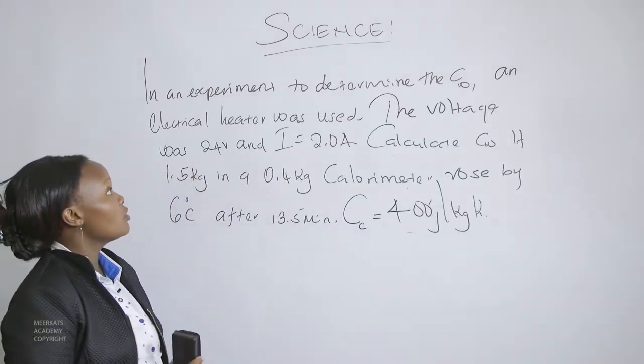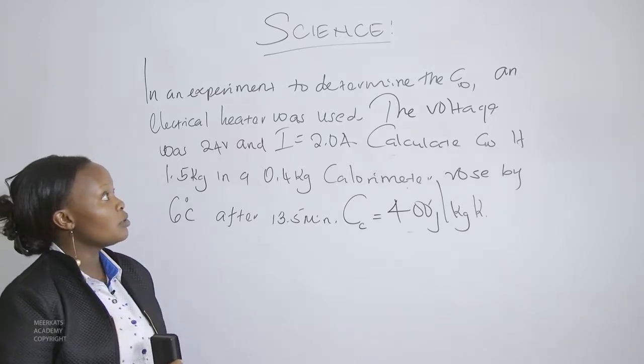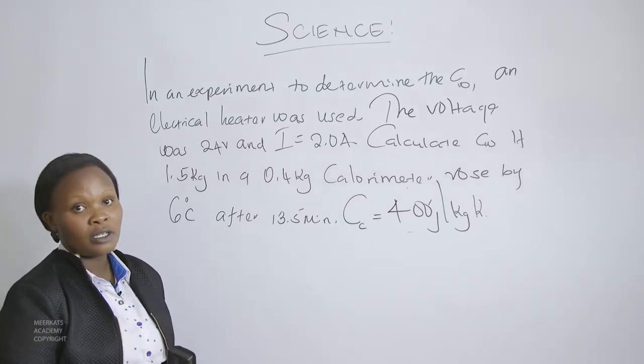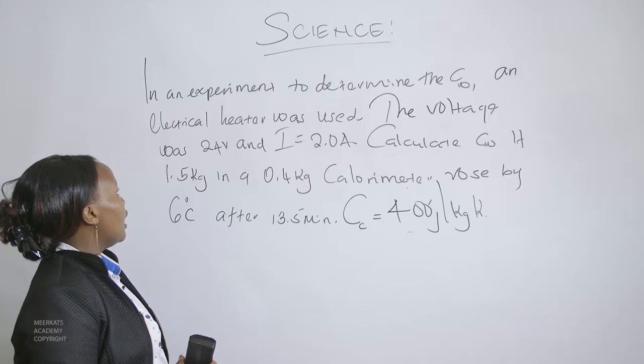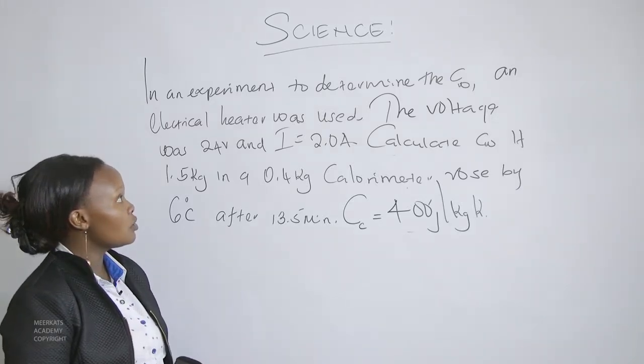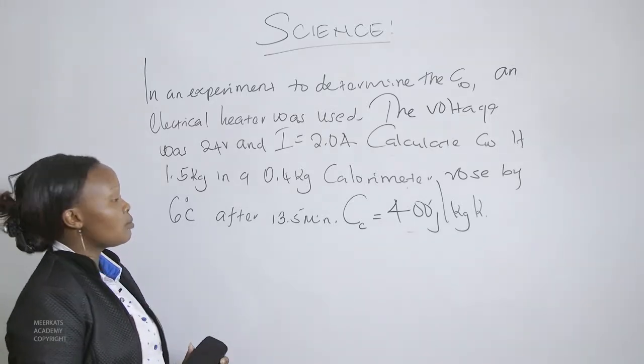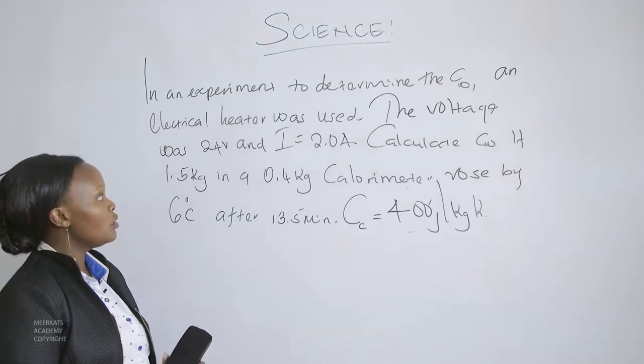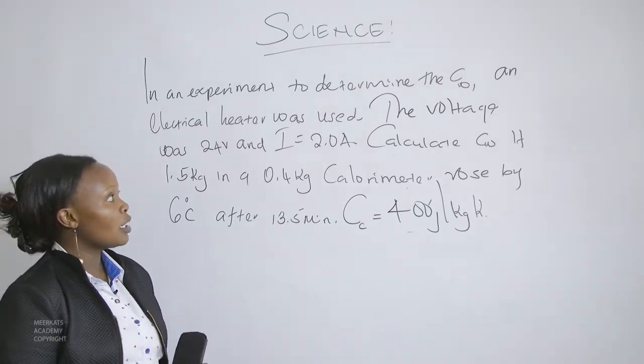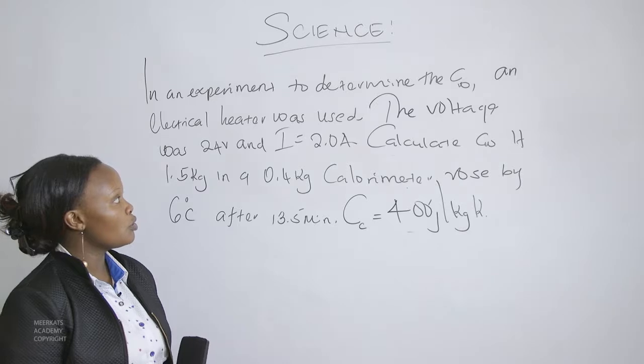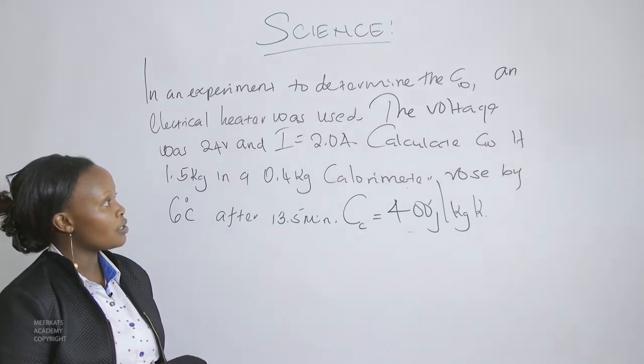Now the question reads, in an experiment to determine the specific heat capacity of water, an electrical heater was used and the voltage supplied was 24 volts and the current was 2.0 amperes.